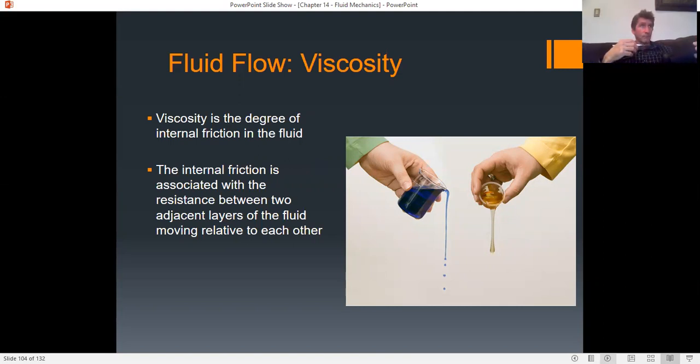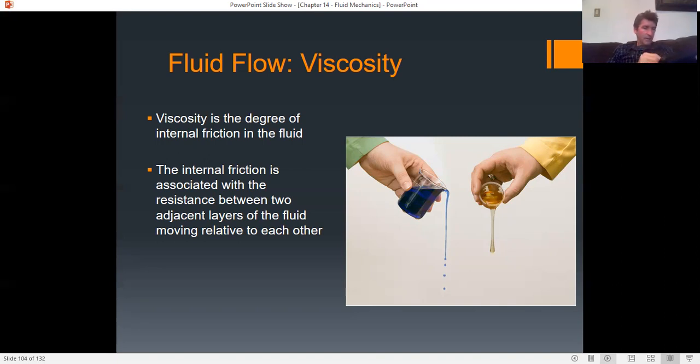Obviously, the viscosity of water is a bit more, but if you want to go to the most extreme examples of viscosity, we can go to things like molasses. We can go to things like lubricating oil.